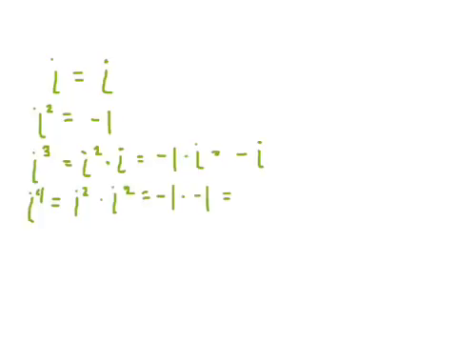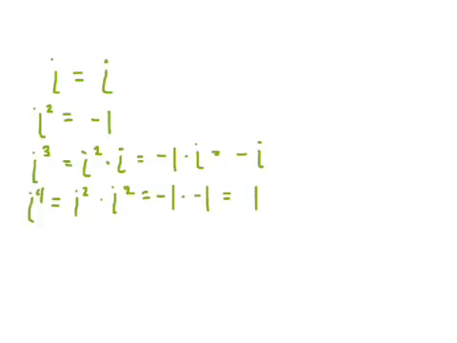Well, i to the third is really the same as i squared times i, because when you add exponents, 1 plus 2 is 3. i squared was -1, and i was still i, so that ends up being -i. That's what i to the third is. i to the fourth is like saying i squared times i squared, or negative 1 times negative 1. And when you multiply two negatives together, you get a positive.